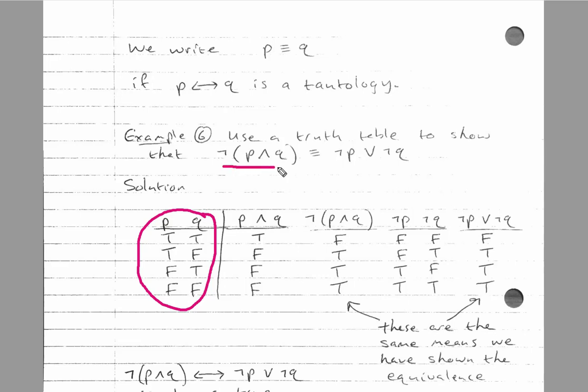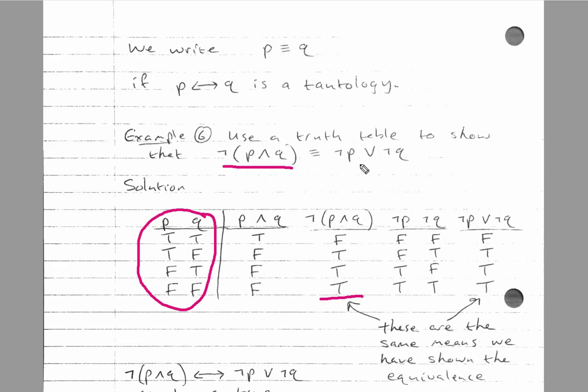Okay, and then let's work out the left side. So first work out P and Q, and then just switch the truth value to get not (P and Q). Alright, so the left side looks like this.